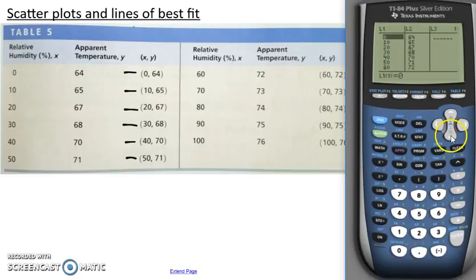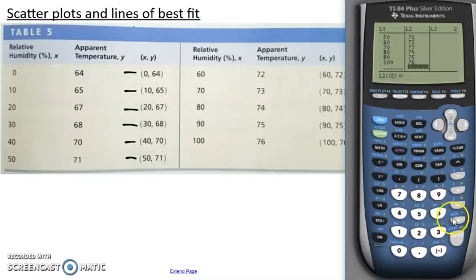Now, I've entered most of the data already, just to save ourselves some time. So from 0 to 80, and to enter more, you just type it in. I'm entering the input variables in the first column, and the output variables are going to go in the second column, 75 and 76.